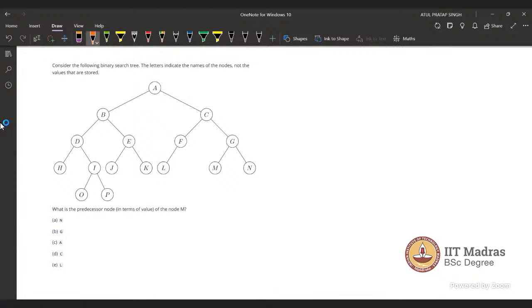Yeah. So here some information is given: what is the predecessor in terms of the value. In terms of the value means this is the binary search tree actually. Predecessor means the just-before value.